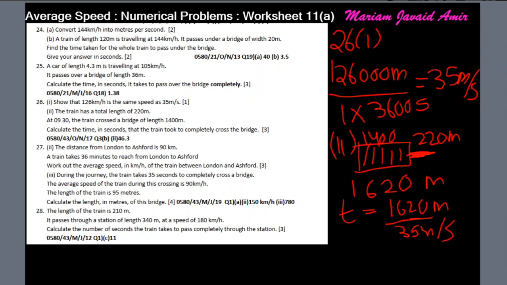This will give us time in seconds. 1620 over 35, which gives us 46.2857 seconds, which is the answer. 46.3.